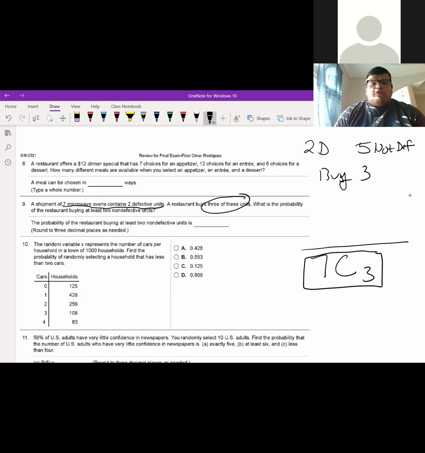Okay, and it says, what's the probability of the restaurant buying at least 2 non-defective units? So at least 2 non-defective would mean that out of the 3 of them, 2 of them are not defective and 1 of them is, or all 3 that they buy are not defective.